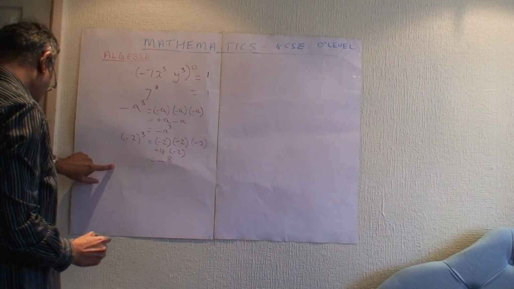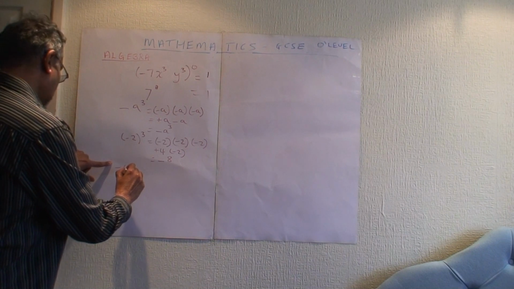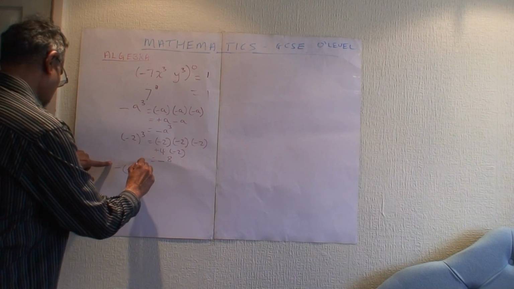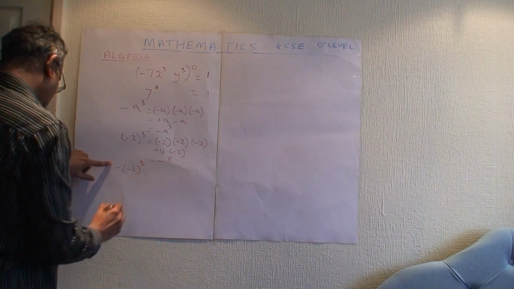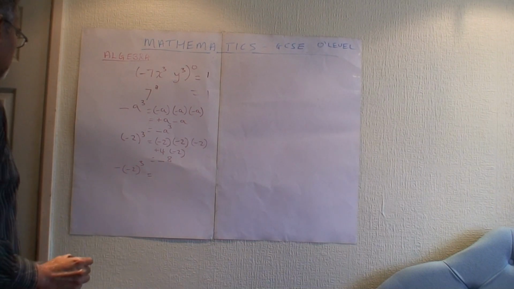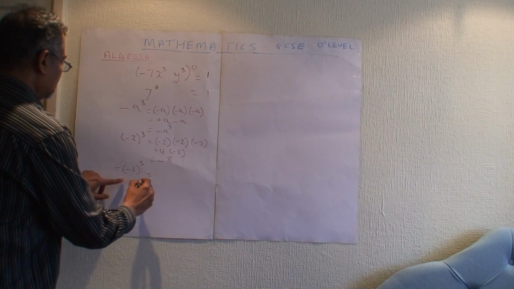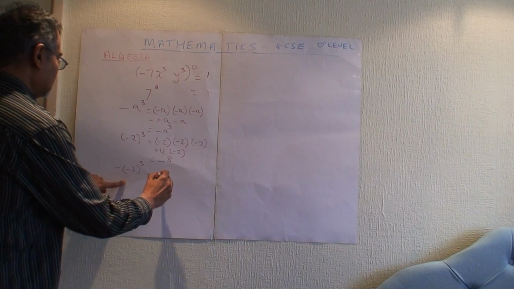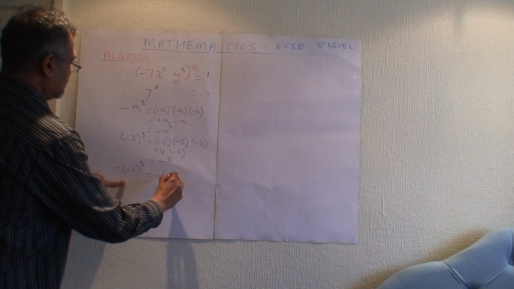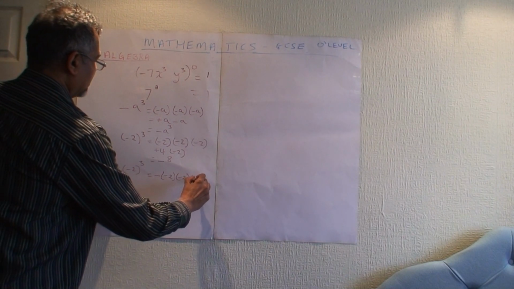Okay. If we look at minus now, minus 2 power of 3. Okay, what this means is that it is negative here, but it's negative 2 multiplied by negative 2 multiplied by negative 2.